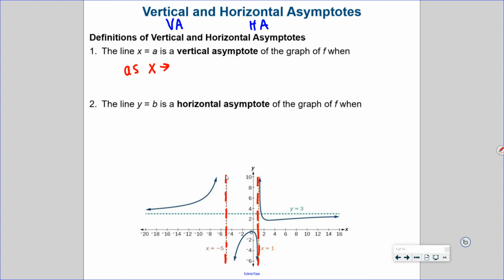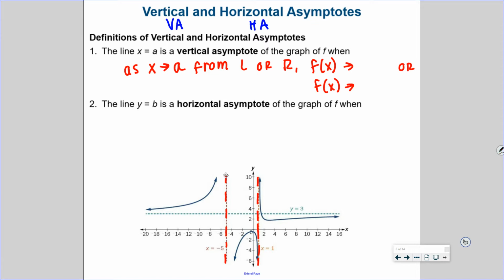So as our x values are approaching whatever that asymptote is, I'm just using A because they said x equals A is a vertical asymptote. When, as we're getting closer and closer and closer to those values from the left or the right, our graph is doing one of two things.